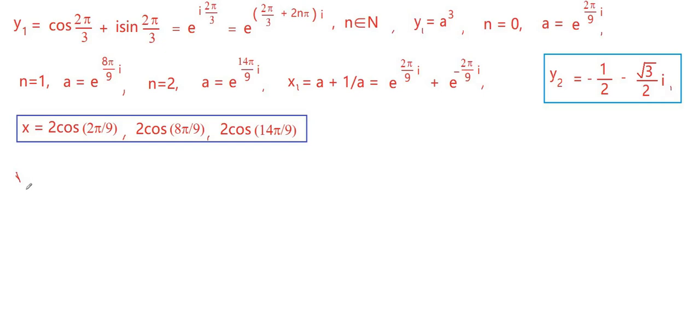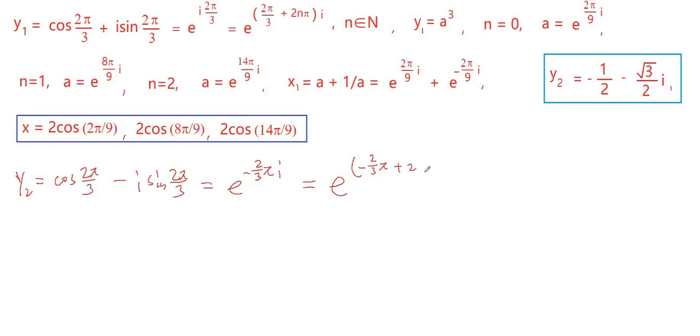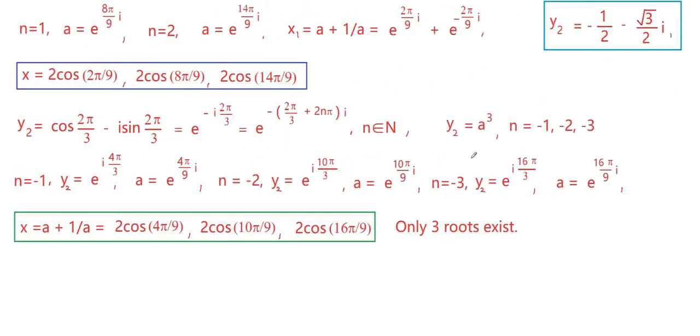Same thing, y2 is cosine of minus 2 pi over 3 plus i sine of minus 2 pi over 3, and this is e to the minus 2 pi over 3 i, the same as e to the i times (minus 2 pi over 3 plus 2n pi), where n is an integer. Same thing, we select 3 different numbers for n, and we will get 3 roots of a.